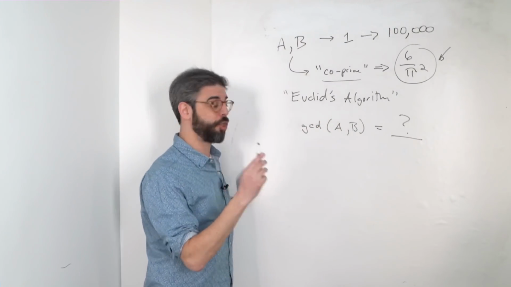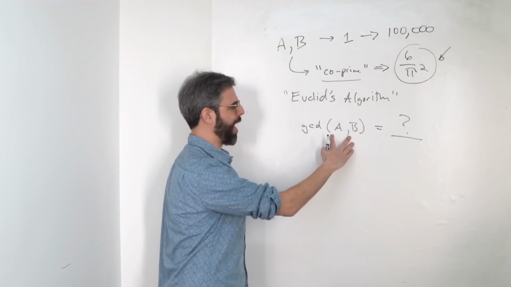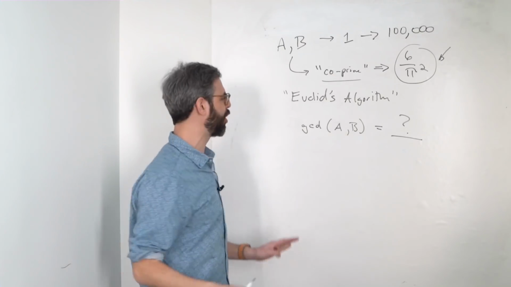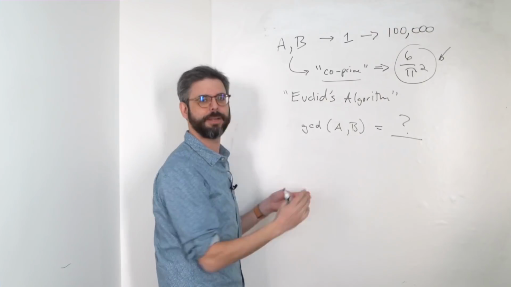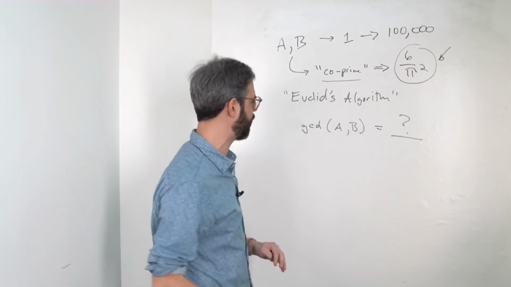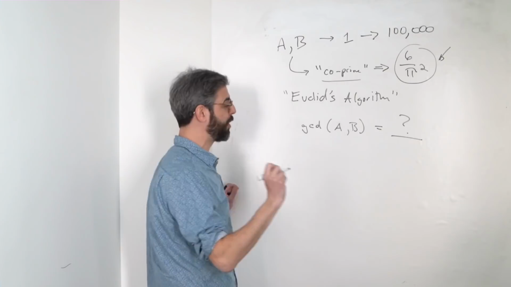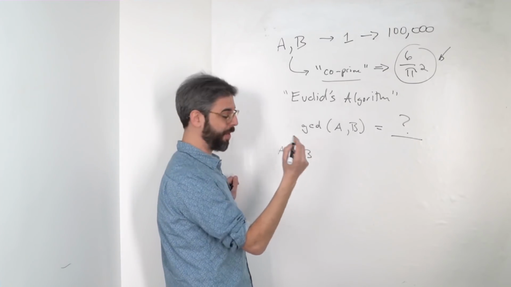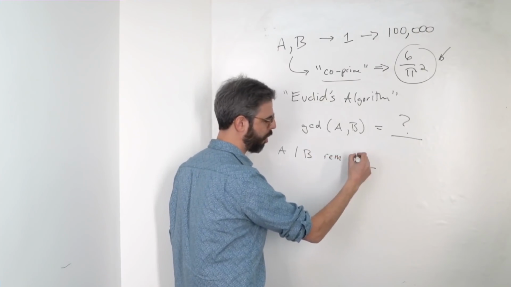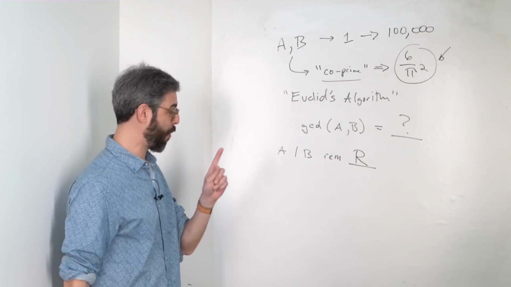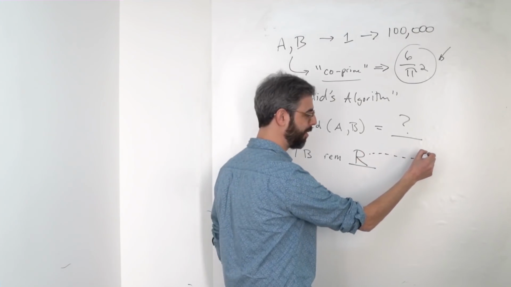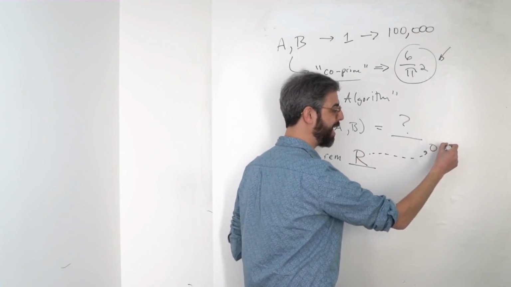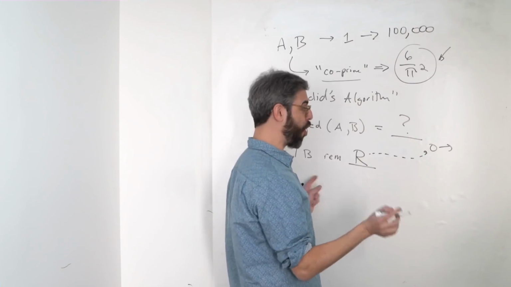The first thing I need to do is determine which number is larger. And for the sake of this moment, I'm just going to assume that A is greater than B. In my code, I can figure something out to determine which is the bigger number. I then need to take A divided by B and determine what the remainder is. I'll call that R. If, by the way, this remainder is 0, then those numbers are not coprime.